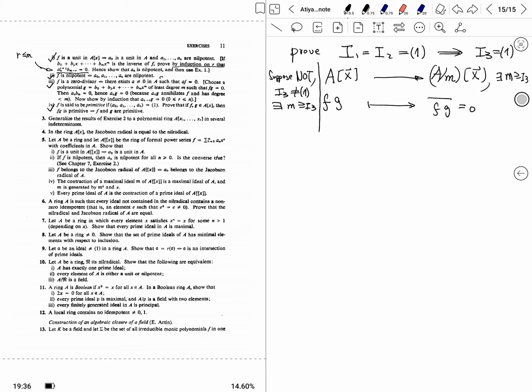And then we consider this map, but the same map would have f and g both non-zero, which is a contradiction because this is an integral domain. It is an integral domain, not even a field. And so this is an integral domain.